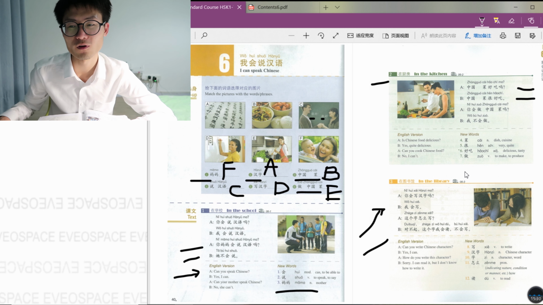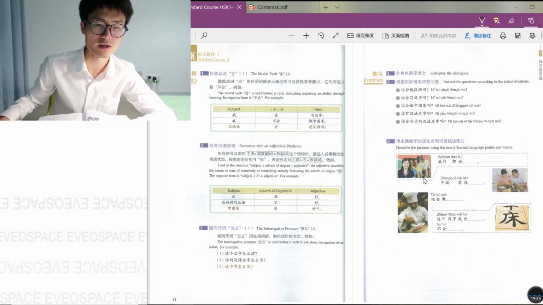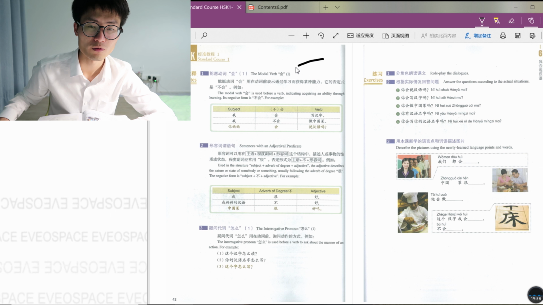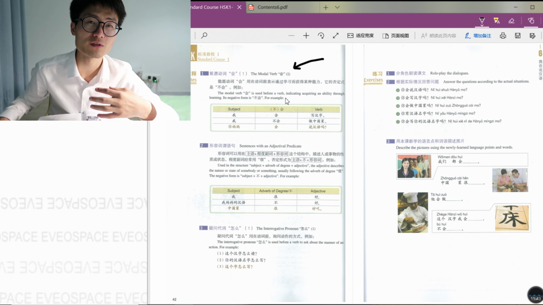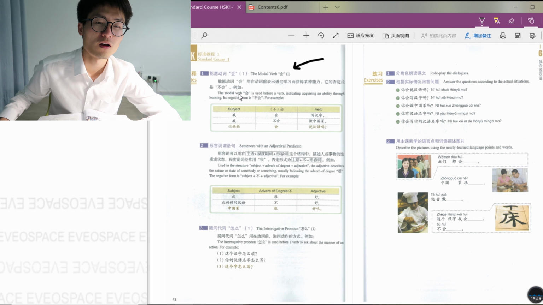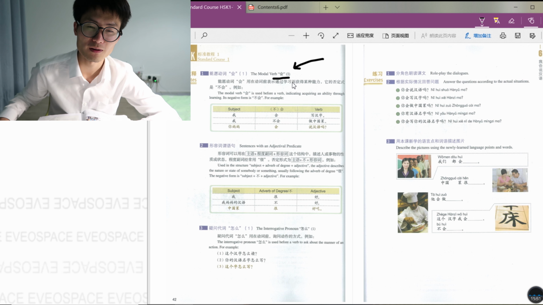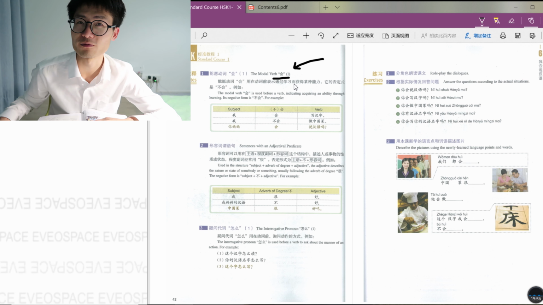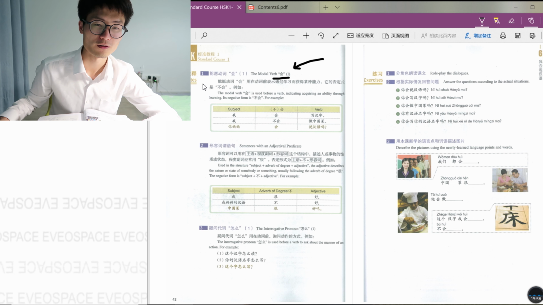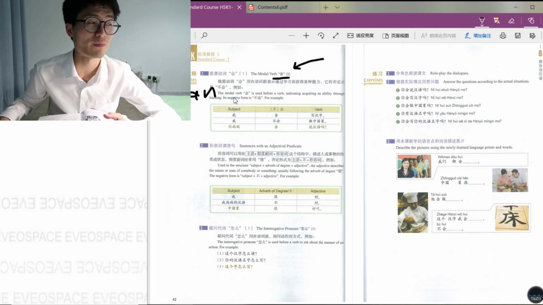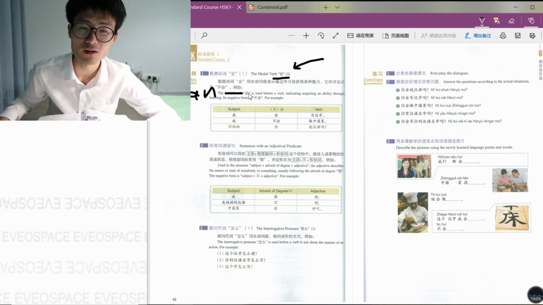Now let's move on to the notes. As in the textbook, we learned how to say 会, how to say be able to, or can, in Chinese. This single character has loads of meanings. The first one could mean can, but in the past tense it could be could.